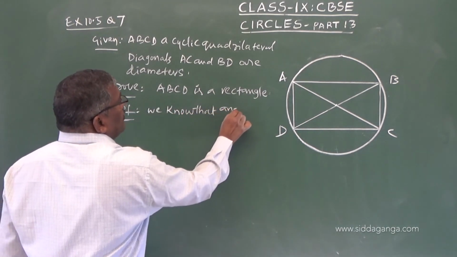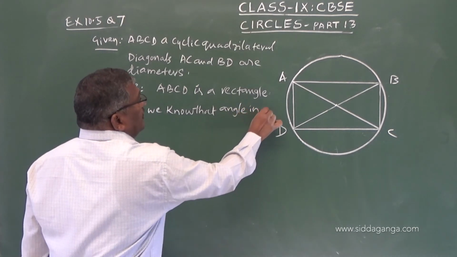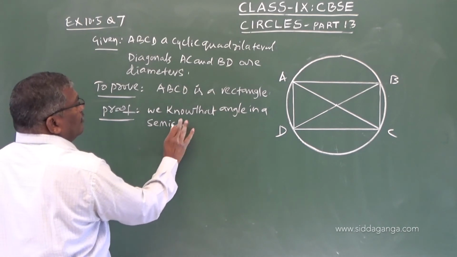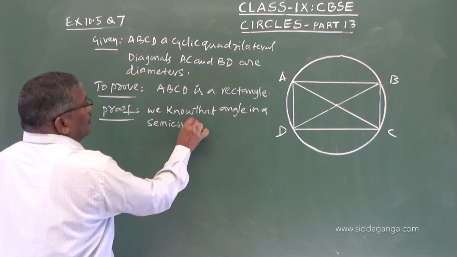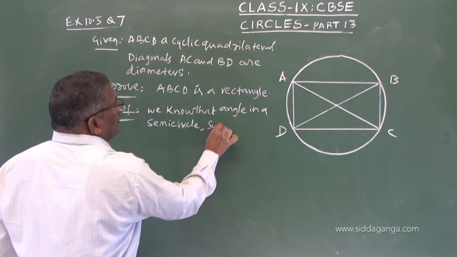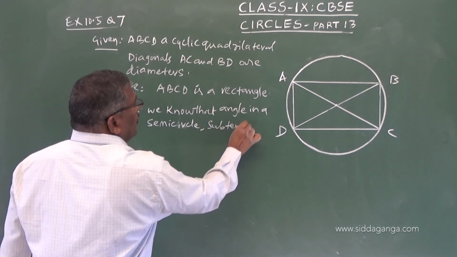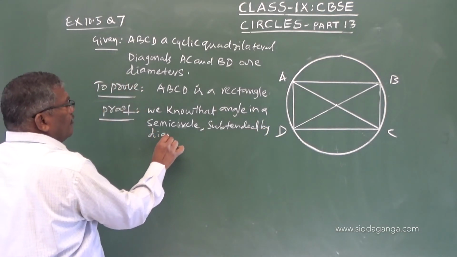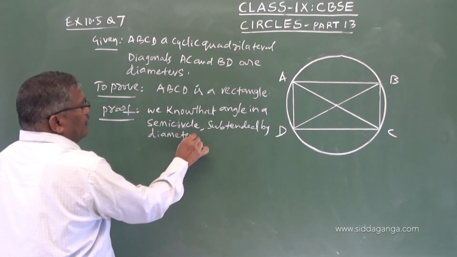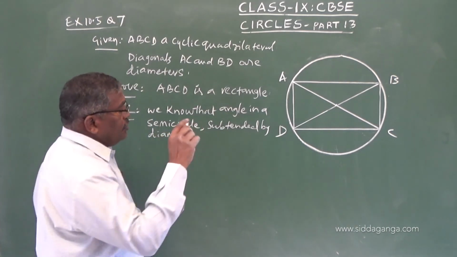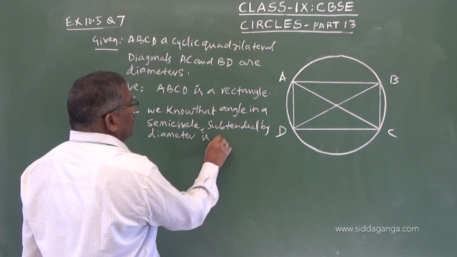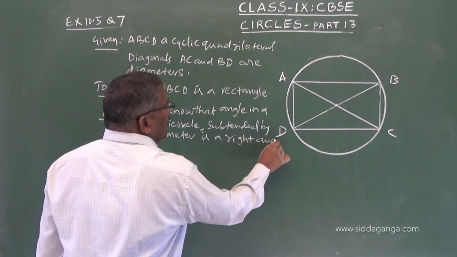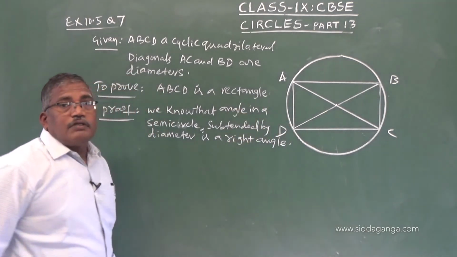We know that the angle in a semicircle subtended by a diameter, the diameter being the longest chord, is a right angle. This we have studied.